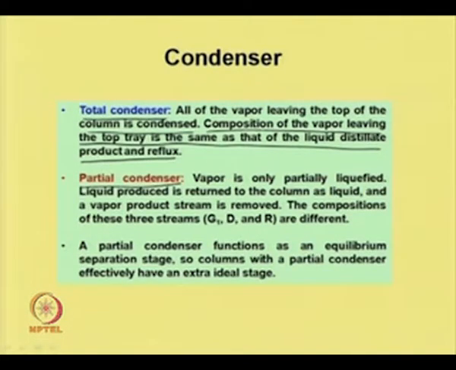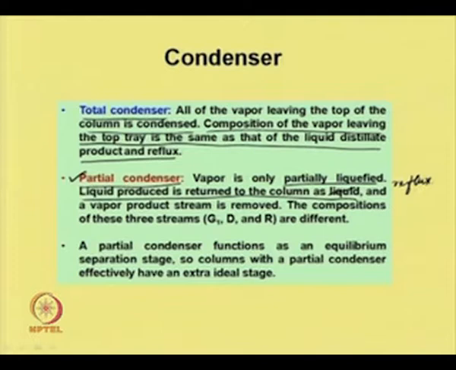Another type of condenser which we use is the partial condenser. Here the vapor is partially liquefied, the liquid is returned to the column as reflux, and a vapor product stream is taken as the overhead cut.